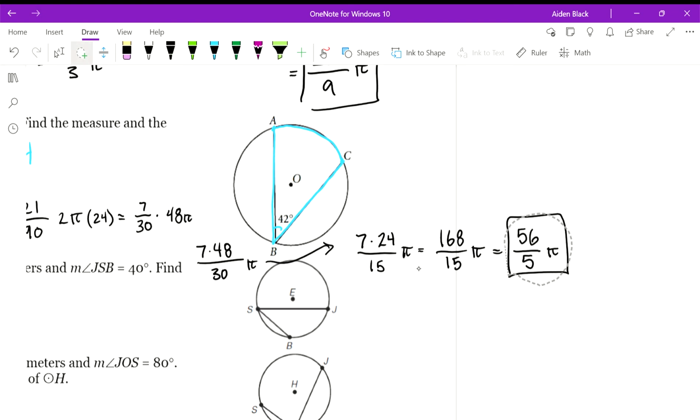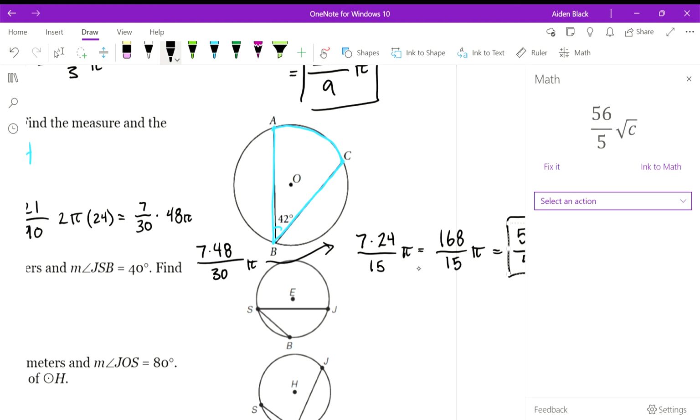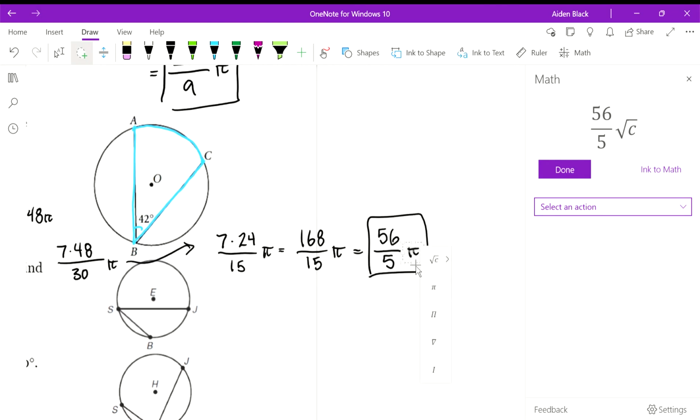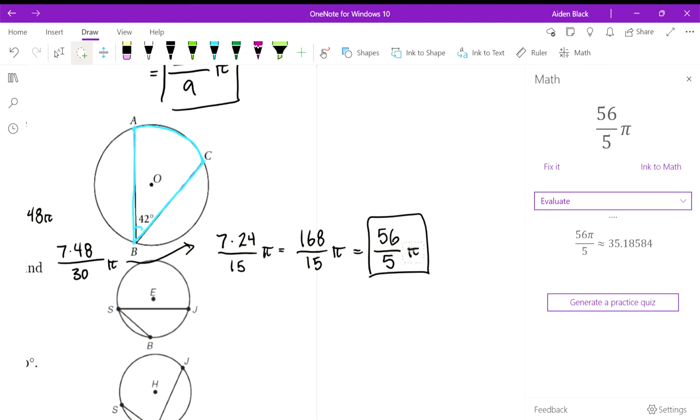You know, we should be checking. Let's fix that. This is pi. Okay, 35.19.